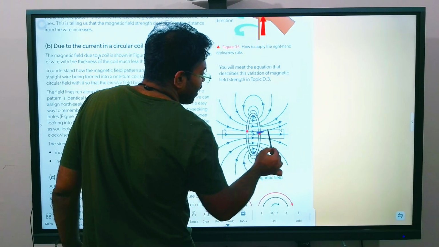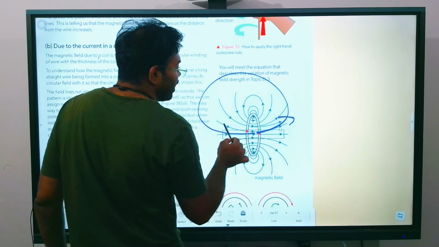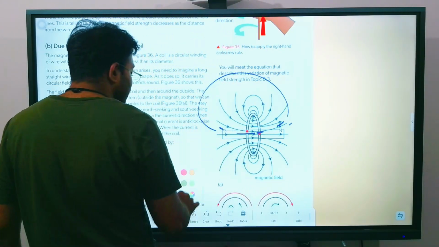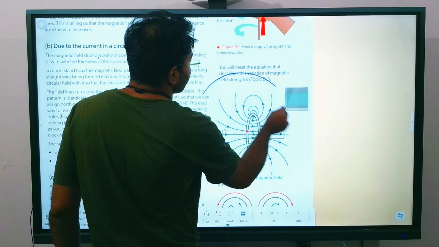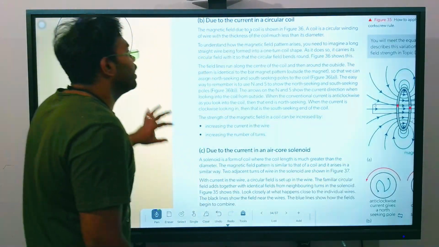So the field lines are going like this, exiting the north pole and entering the south pole, just like that of a bar magnet. So we can consider the coiled loop to be that of a bar magnet. Understood? Okay, let's move on.